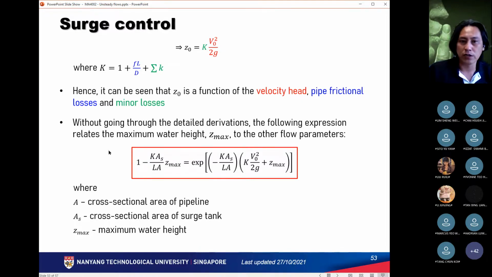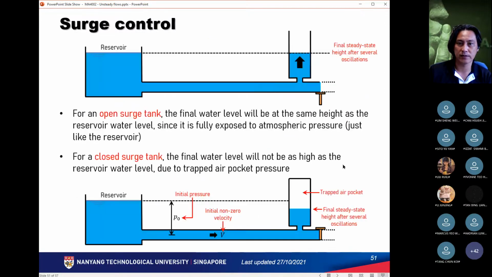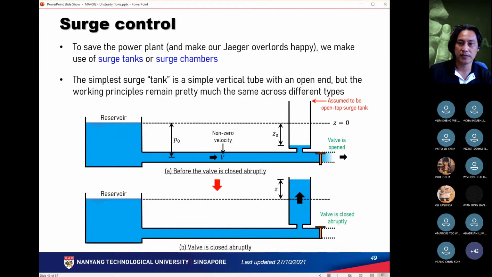So without going through all the detailed derivations, saving ourselves some grief along the process, we have this expression that relates the maximum water height level, Zmax, to the other flow parameters. What is Zmax? Let's go back. Zmax is the maximum water level in the surge tank upon a rapid closure of the valve.